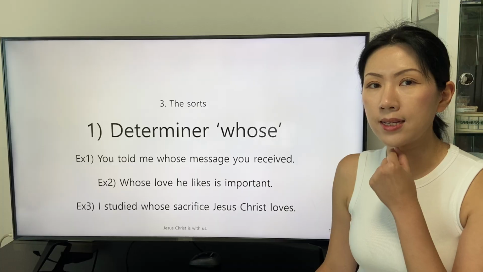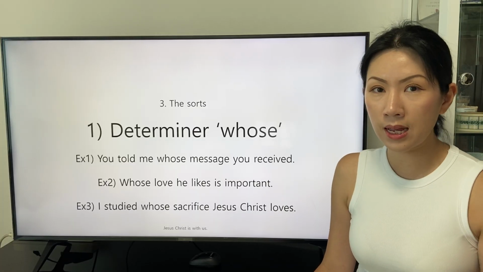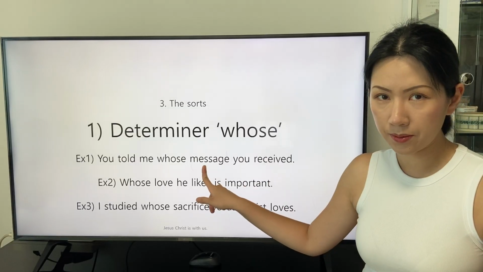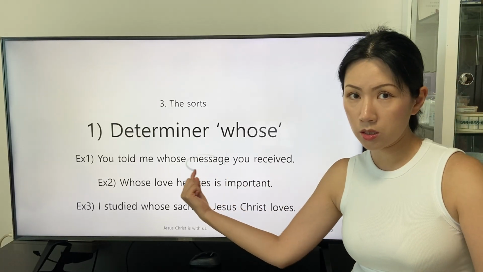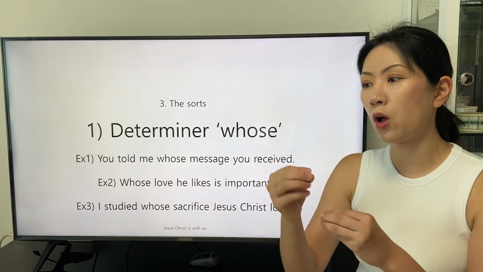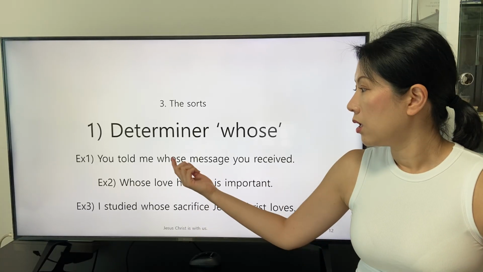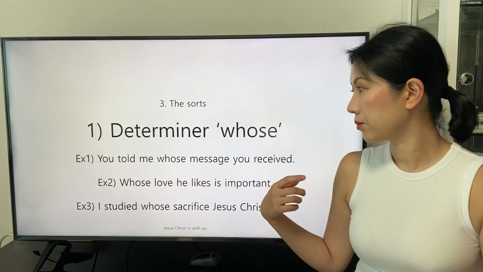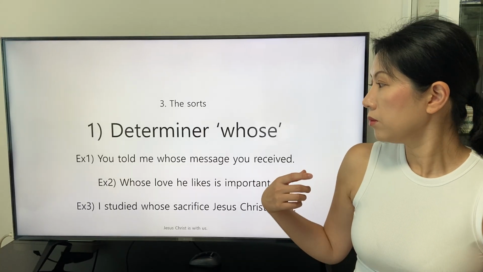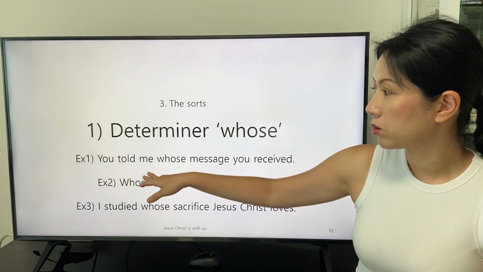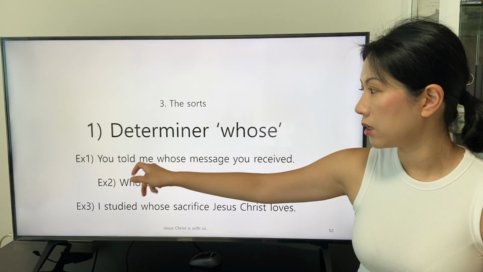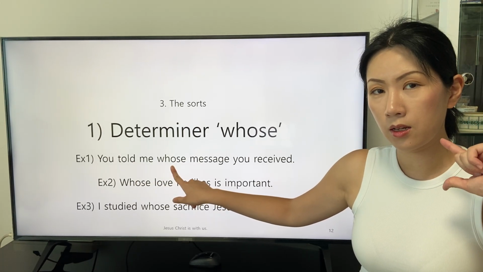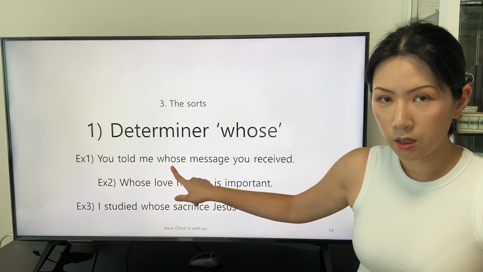So we can understand that this object of the subordinate clause belongs to an unstated subject.